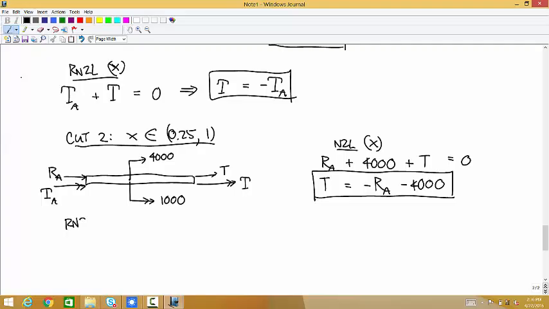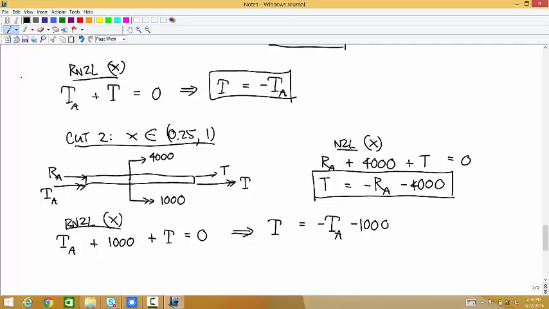And the moment equation says torque A plus 1,000 plus the internal torque is equal to 0. So the internal torque is equal to negative TA minus 1,000.